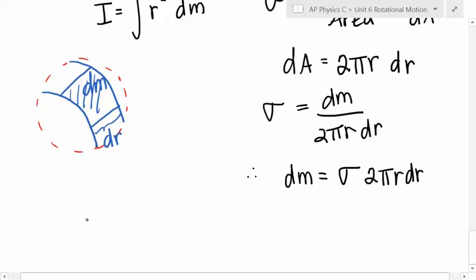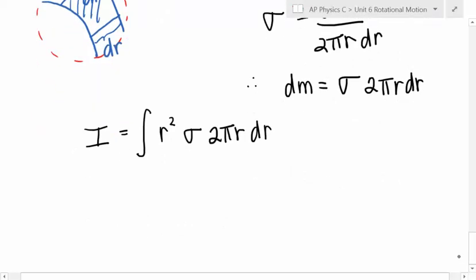So then if I substitute that into our moment of inertia equation, r squared, now dm is sigma 2 pi r dr. So I'm going to integrate, I'm going to add up all the layers of mass from 0 to the final radius of our disk.